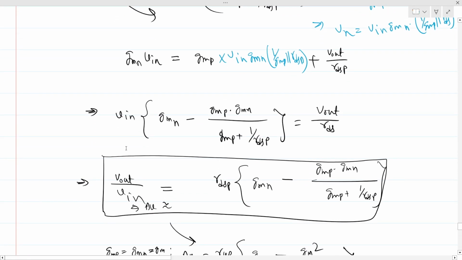From here gmn minus gmp gmn 1 by gmp parallel gmn.